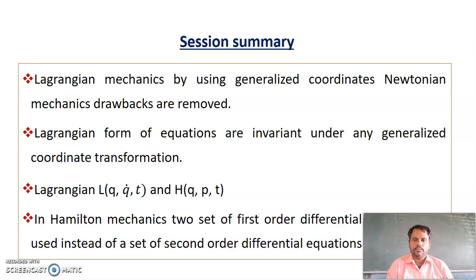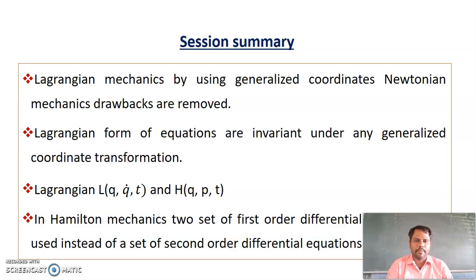In Hamilton formulation, the generalized velocities are replaced by momentum. You see that in Hamilton mechanics, two sets of first order differential equations are used instead of second order differential equations.